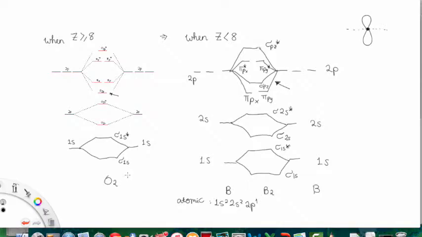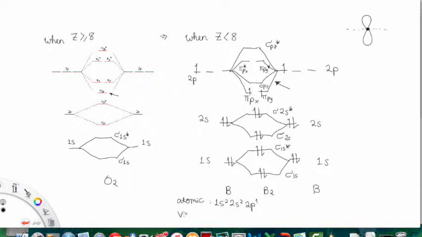Now to do the valence electron configuration, let's start filling this in. Boron has 5 electrons, so 1, 2, 3, 4, 5. Same on the other side, 1, 2, 3, 4, 5. And now we have 10 electrons to distribute in the center for B2: 1, 2, 3, 4, 5, 6, 7, 8, 9, 10.